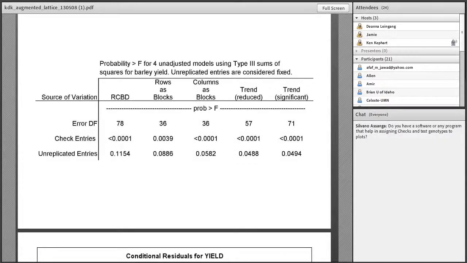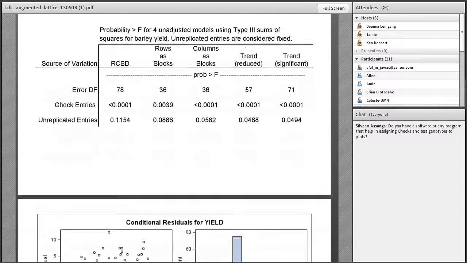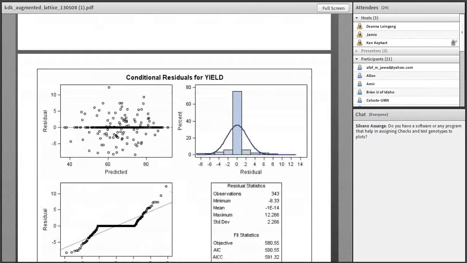And so I was a bit disappointed in this. And in fact, compared to columns as block, you can see it's only 6/10 as efficient as the best analysis that we have on here.